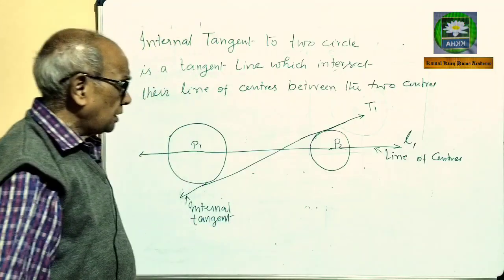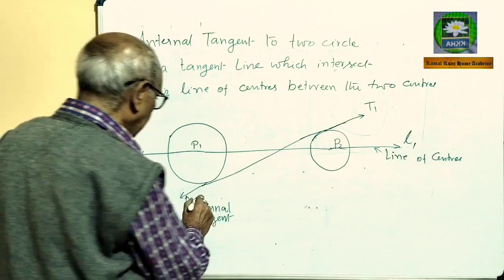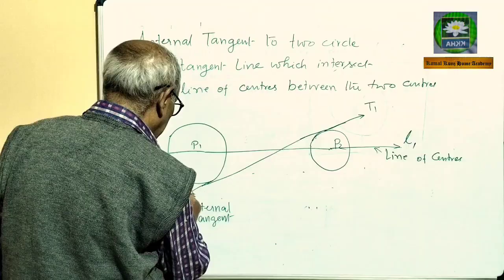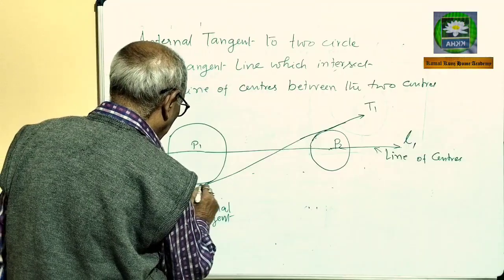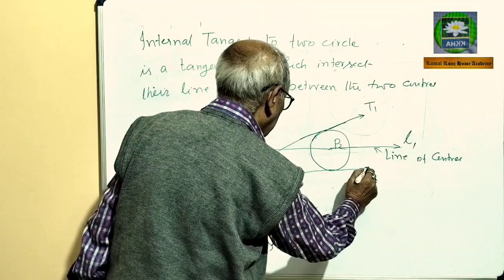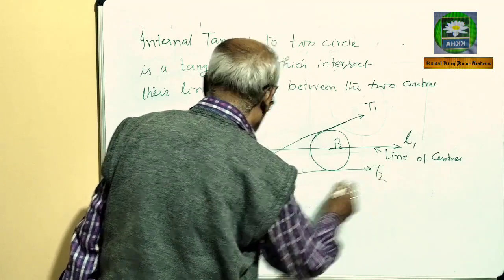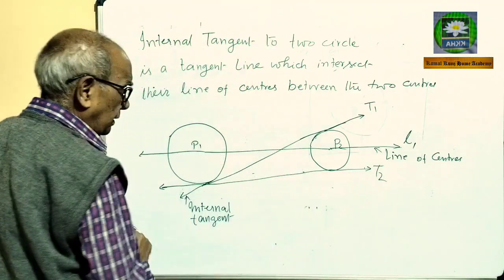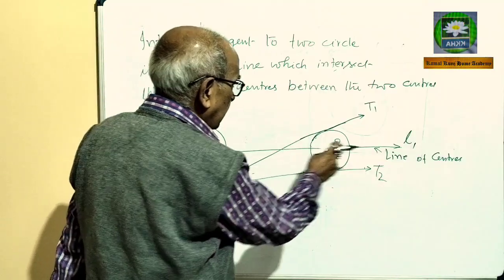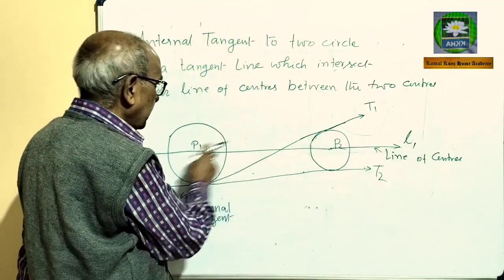And what is an external tangent? T2 is the external tangent, which does not intersect the line of centers between the centers.